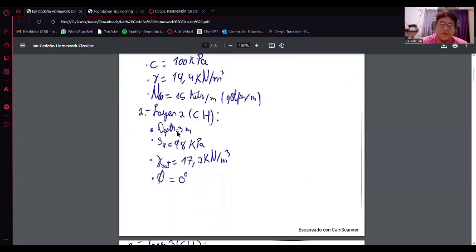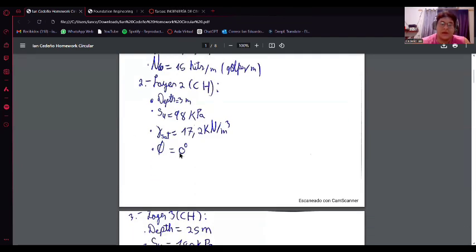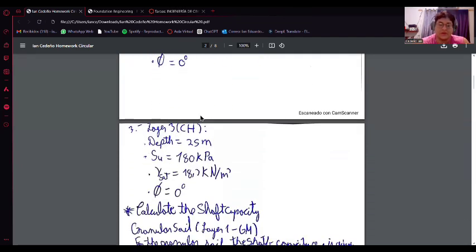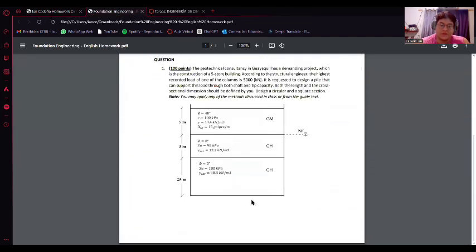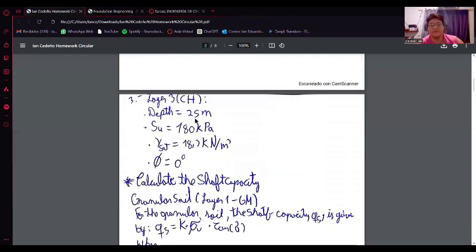The second layer has 3 meters of depth, 98 kilopascals, 17.2 kilonewtons per cubic meter, and an angle of 0 degrees. For the third layer, the depth is 25 meters, 180 kilopascals, a saturated unit weight of 80.3 kilonewtons per cubic meter, and a zero degrees angle.